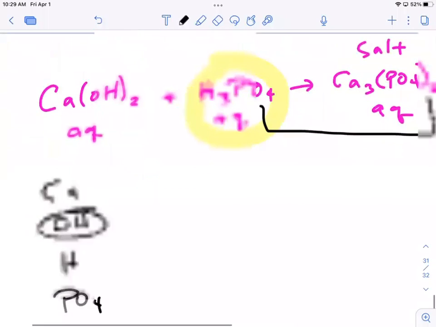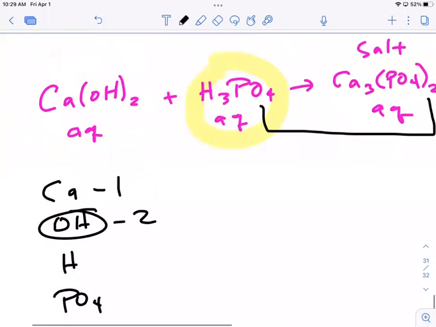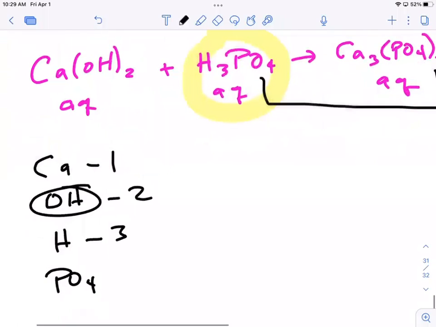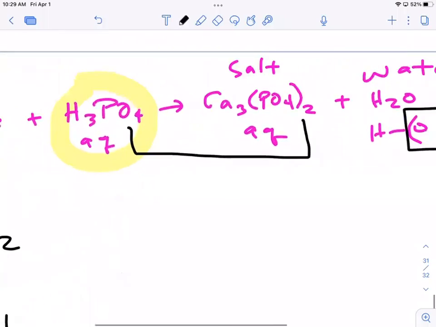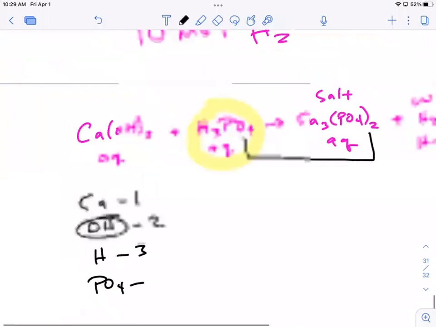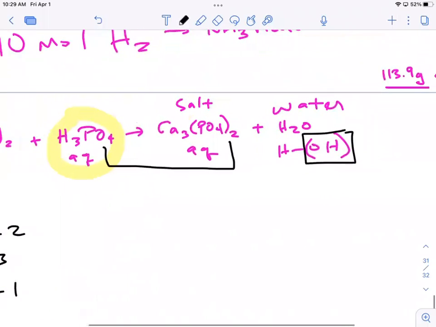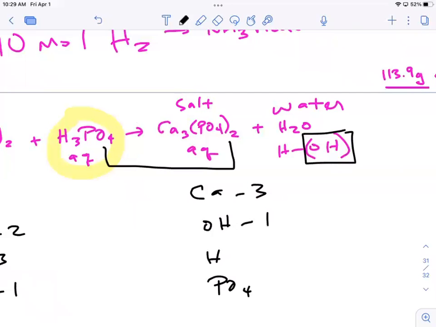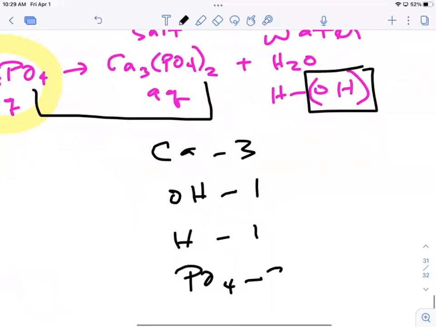Over here we got 2 OHs, 1 calcium, 3 hydrogens, and 1 PO4. And over here we have calcium, OH, H, PO4, calcium, OH, H, PO4. We got 3 calciums. We have 1 OH. We have 1 H, because one of the OHs is tied up with OH, and then 2 PO4s.